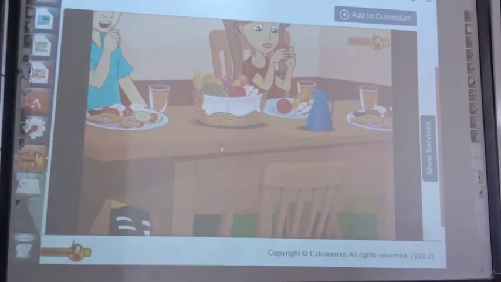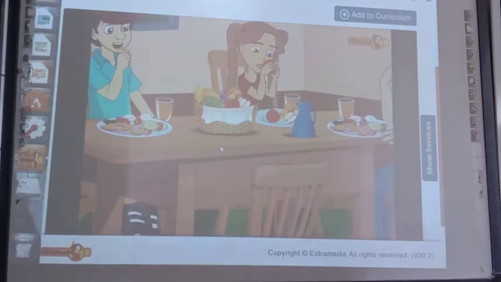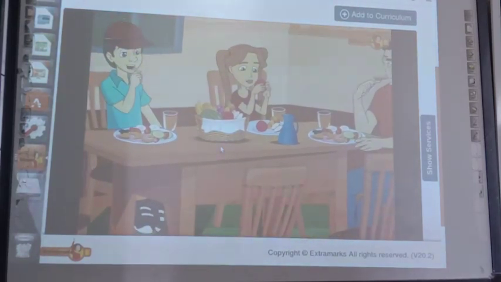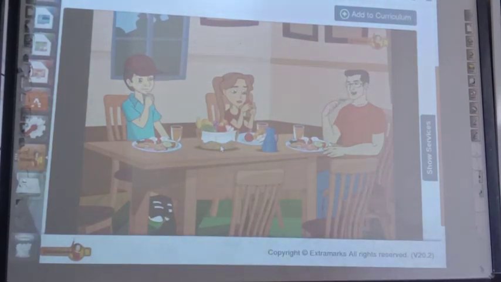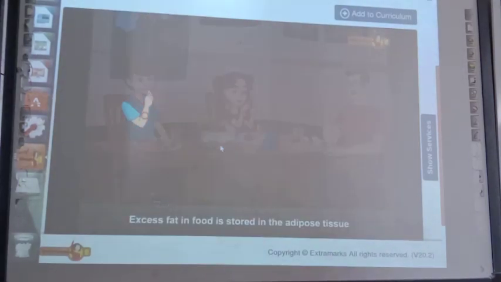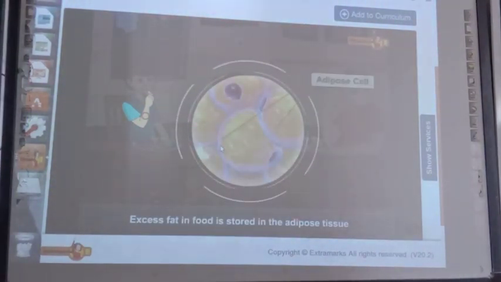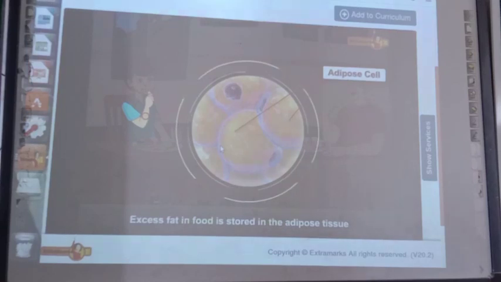Just see the second animation, that is components of food, functions of food. Food helps the body to satisfy the reflex called hunger. Excess fat in food is stored in the adipose tissue that can be utilized at some other point of time when food is not available.